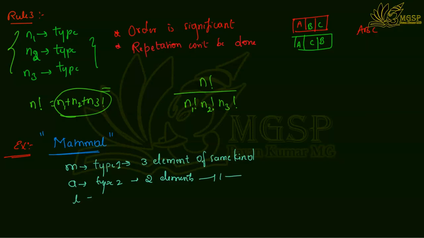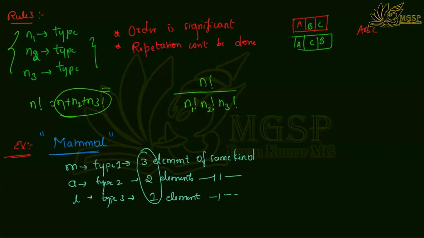Again L is left, this is the final type, it has only one element. So these are the repeated letters in the word MAMMAL.